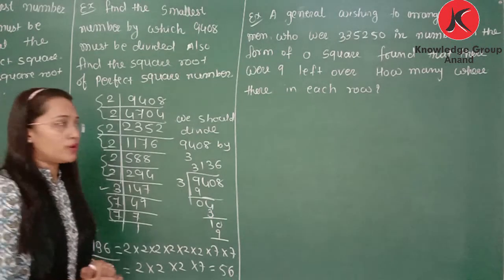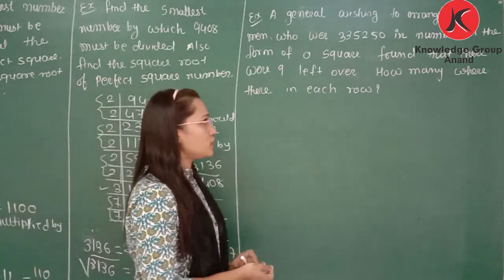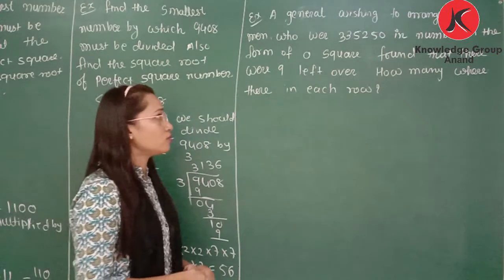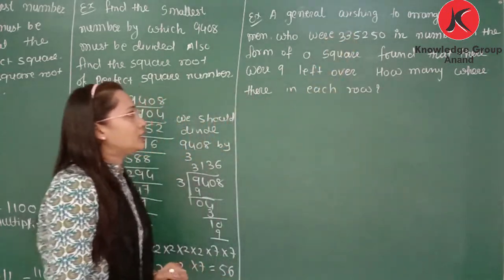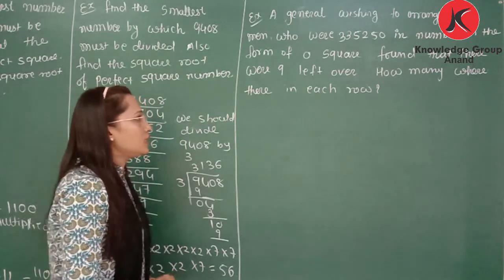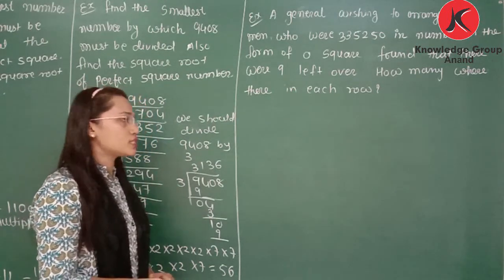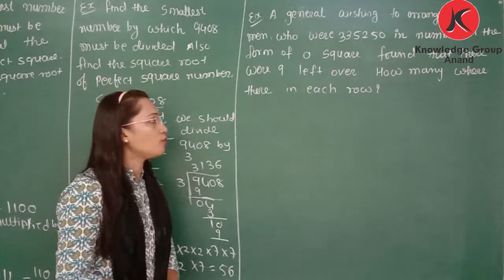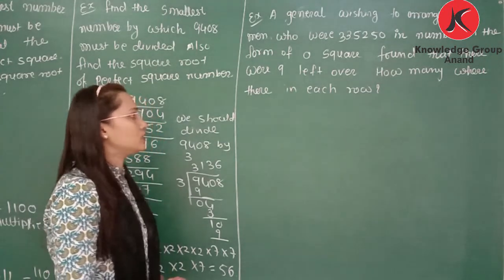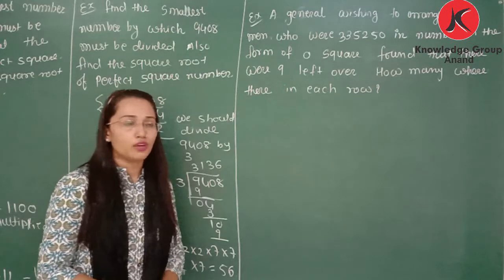Clear? Now next, a general wishing to arrange his men, who were 3,35,250, in the form of a square, found that there were 9 men left over. How many were there in each row? Okay, what is the question?